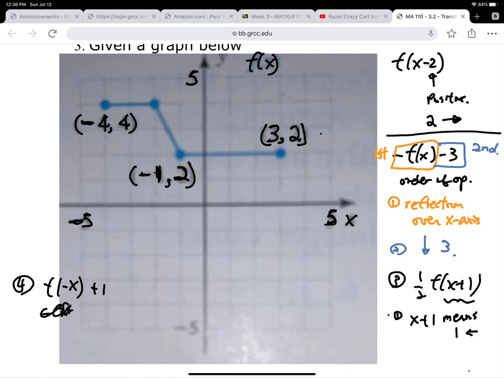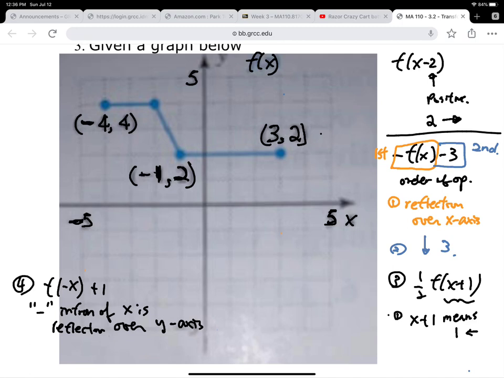The negative in front of x is a reflection over the y-axis. So what that means is we basically flip everything over the y-axis. So this is what we have now.